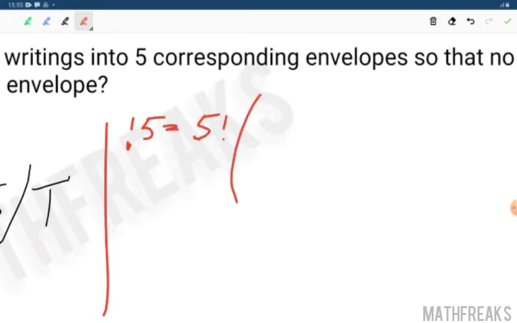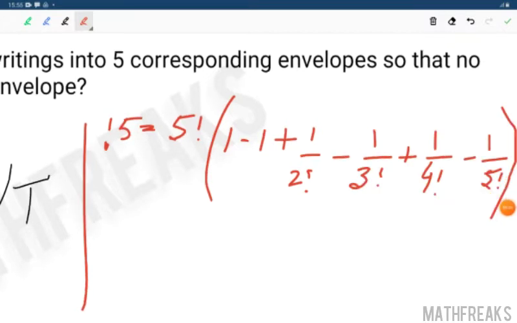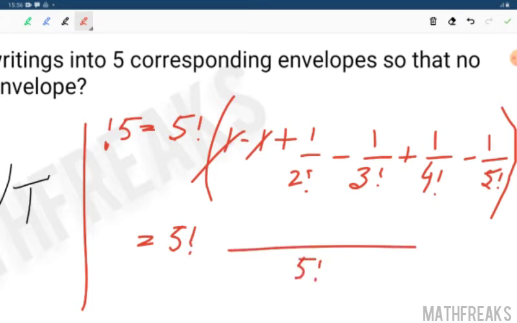5 factorial times 1 minus 1 plus 1 over 2 factorial minus 1 over 3 factorial plus 1 over 4 factorial minus 1 over 5 factorial. This is the expression. Let us simplify it. This and this will be cancelled. We are taking the LCM, which is definitely 5 factorial. 5 factorial is 120, 120 over 2 factorial is 60 minus 20, since 3 factorial is 6 and 6 into 20 equals 120.